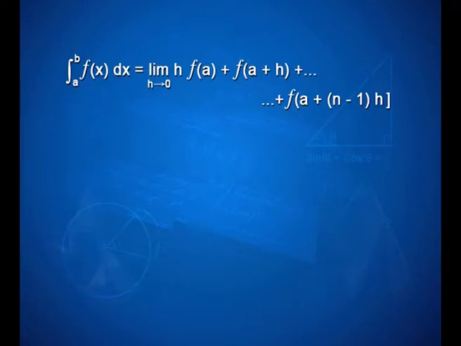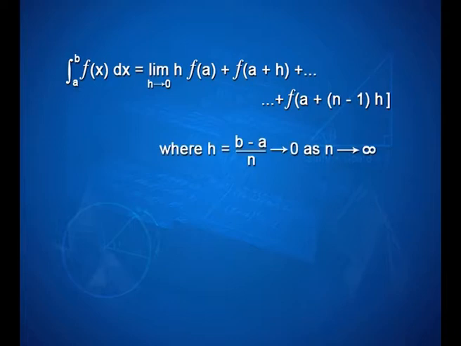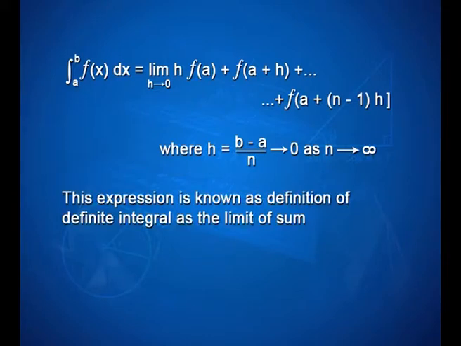That is, integral a to b f of x dx is equal to limit h tends to 0 of h times [f of a plus f of a plus h plus ... plus f of a plus (n minus 1)h], where h is equal to (b minus a) upon n, which tends to 0 as n tends to infinity. This expression is known as the definition of definite integral as the limit of a sum.